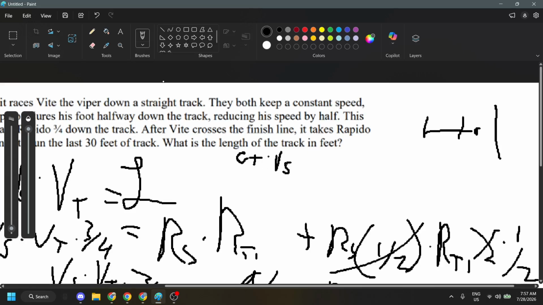This is the distance, is equal to... because here's the thing. We can't just use time because this is non-linear. This has a discontinuity because halfway down it's weird.